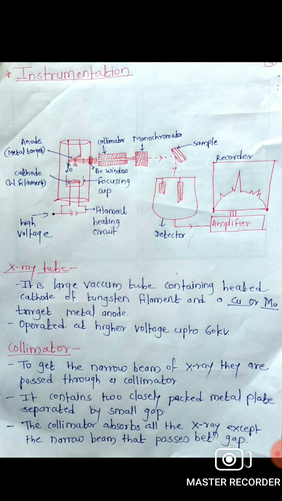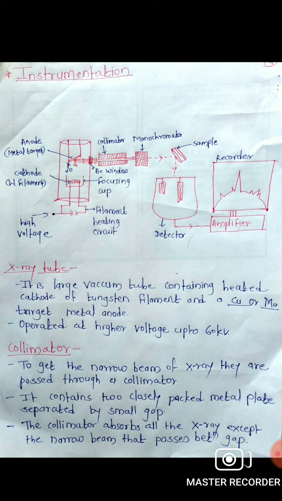Next to the collimator is the monochromator, which gives the monochromatic radiation. Then the sample, then the detector. After the detector there is an amplifier to amplify the signals, and then finally a recorder which records the spectra. Now we see one by one.